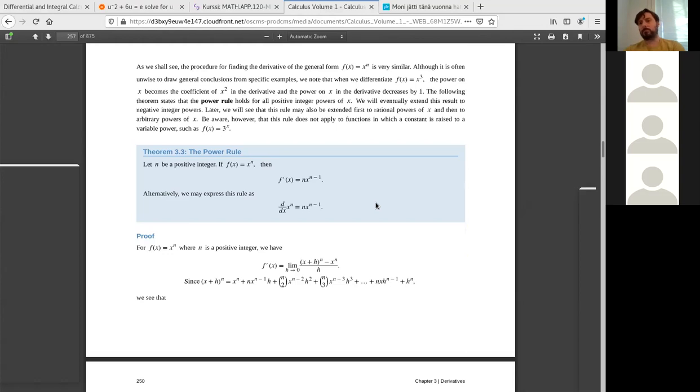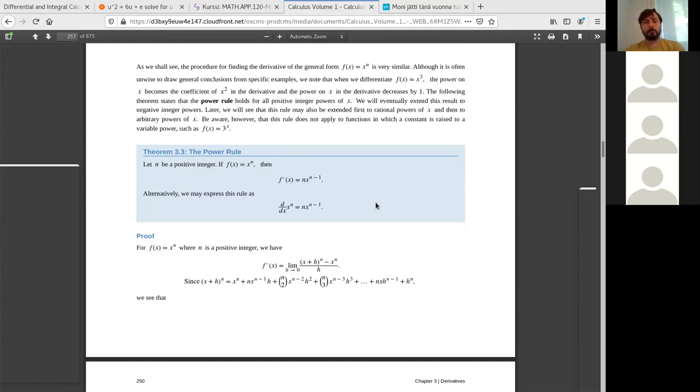So we just prove it for positive integers. Once we've proven this for all positive integers, we can actually build stuff. And then for addition and multiplying with a constant, we're really done with most of the stuff that deals with polynomials. And we can calculate the derivative of all polynomials after these.